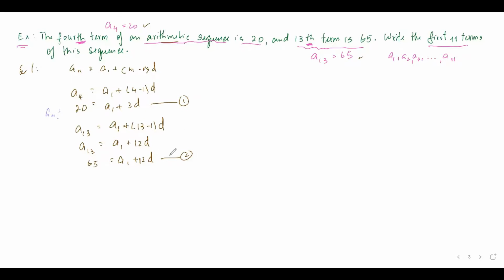The easy way: I will take equation 2 minus equation 1, because the numbers are higher and I try to get rid of the negative. So 65 minus 20 becomes 45. A1 is gone, so you are left with 12D minus 3D.